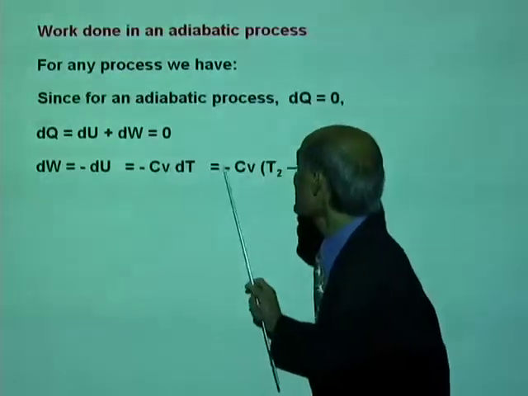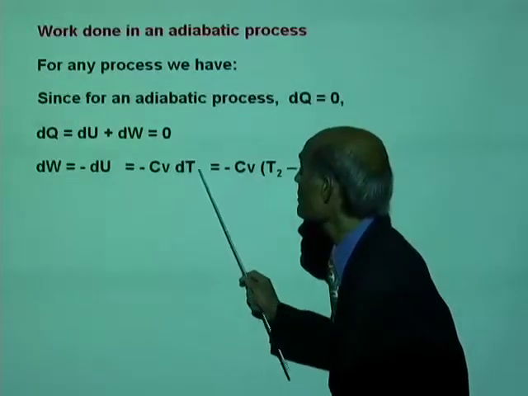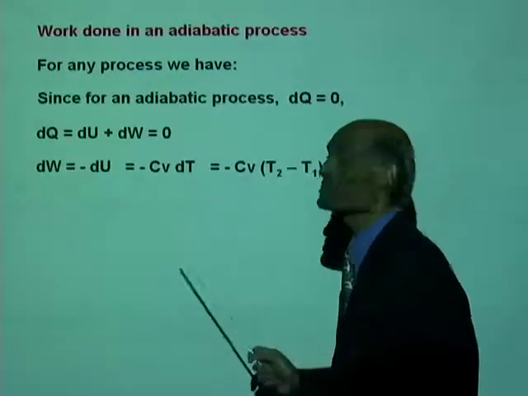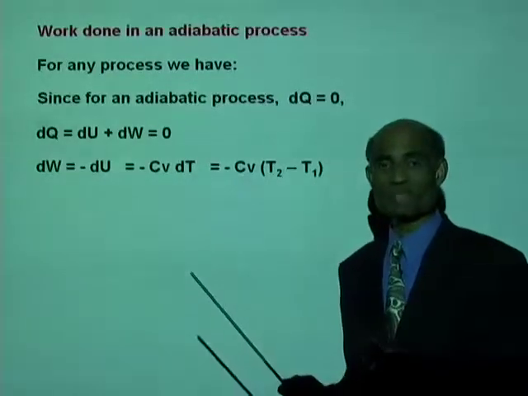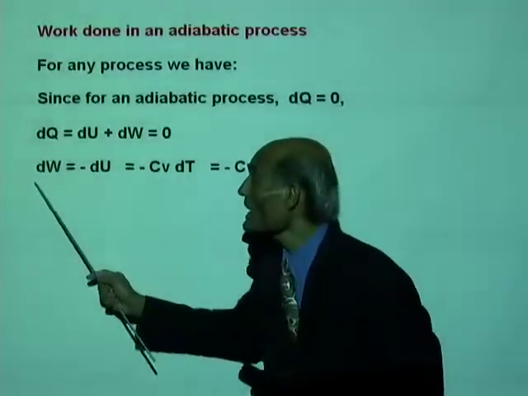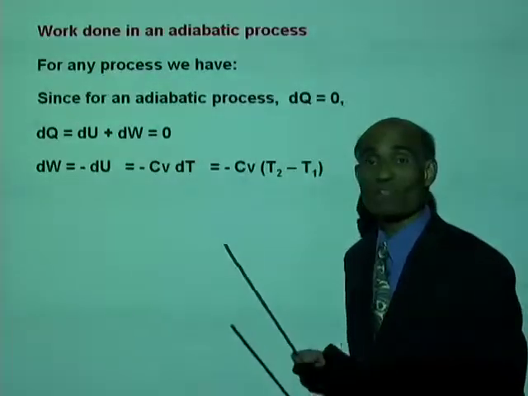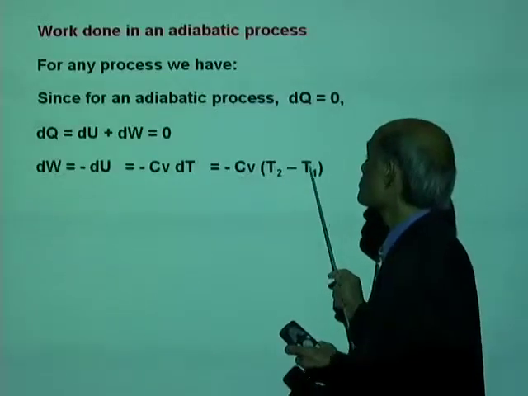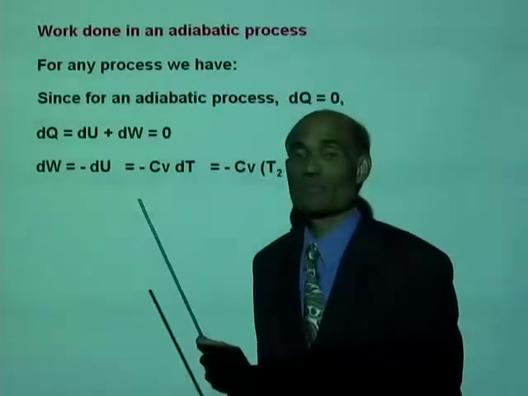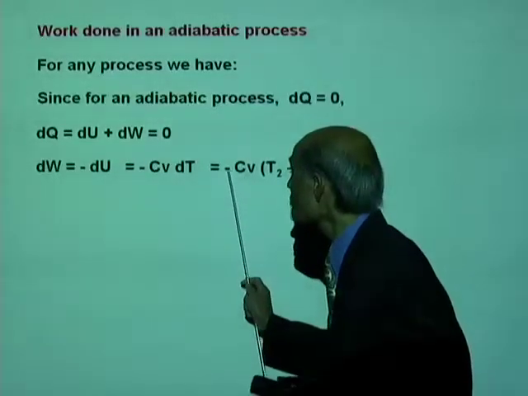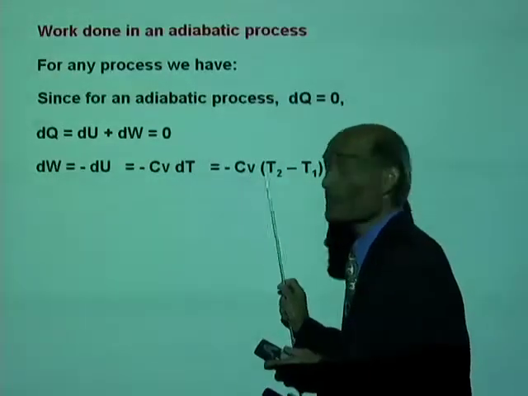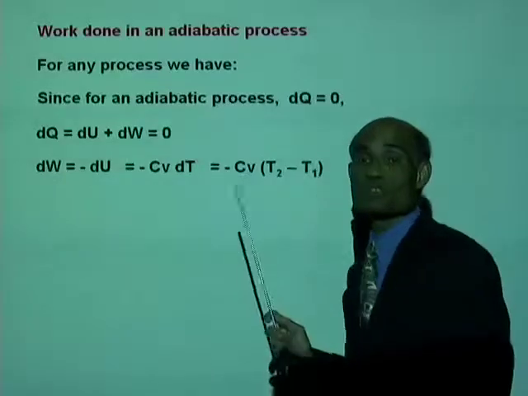Now that will be negative Cv times dt, where dt is T2 minus T1, the change in temperature. So work done in an adiabatic process is negative Cv times T2 minus T1. If you want to make this positive, I can write this as Cv times T1 minus T2.